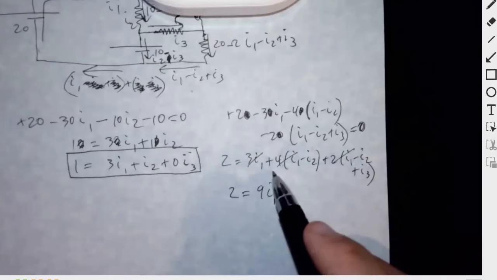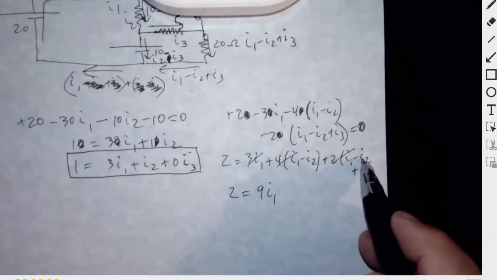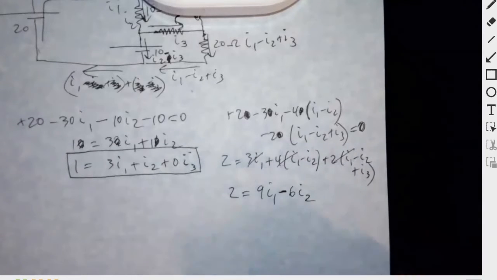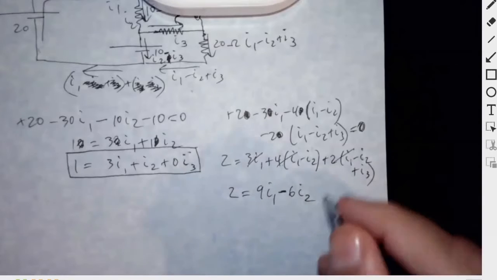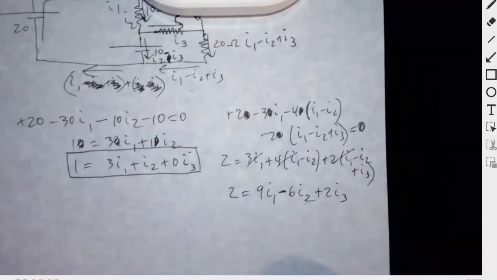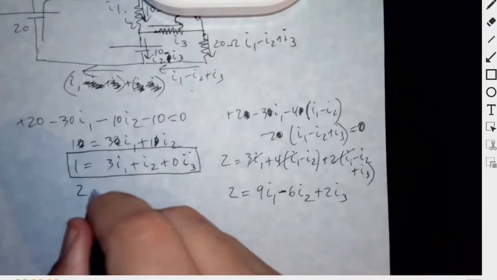Hold on, yeah, this is negative 4, and then negative 2, right? So negative 6 I2. Then for I3, you just have 2 I3, right? That's it. Okay, that's my second equation. I'll put it under this one.